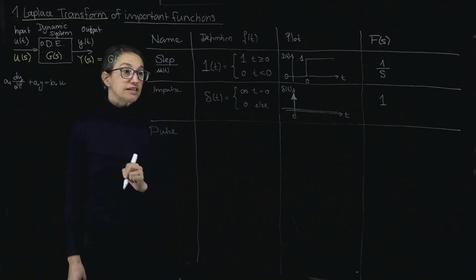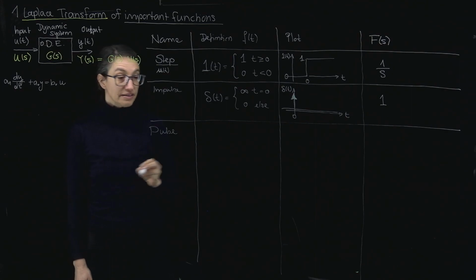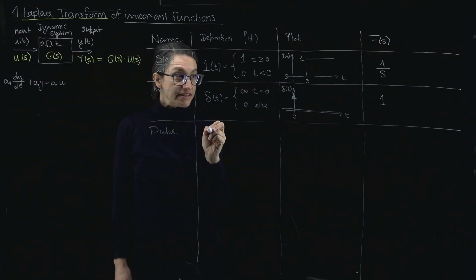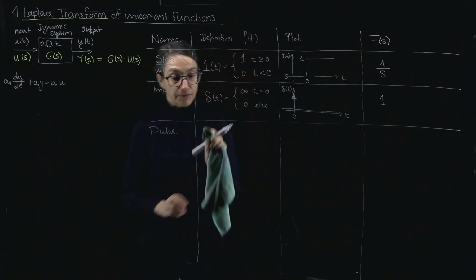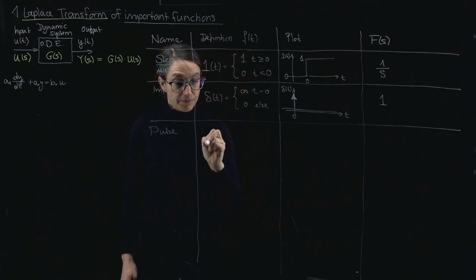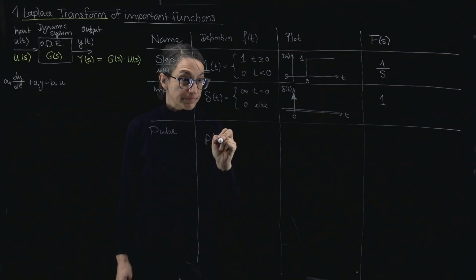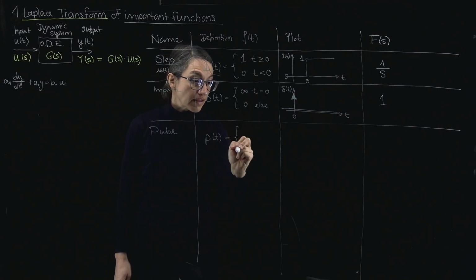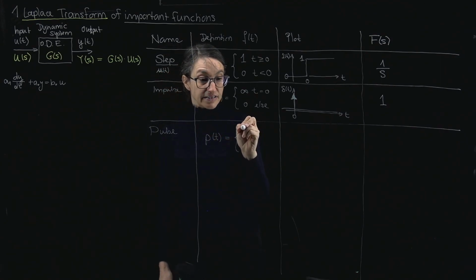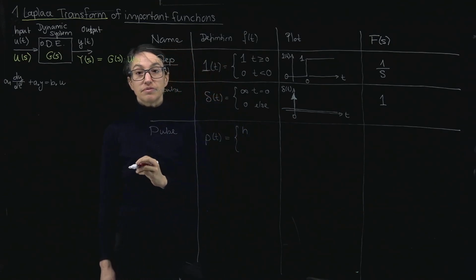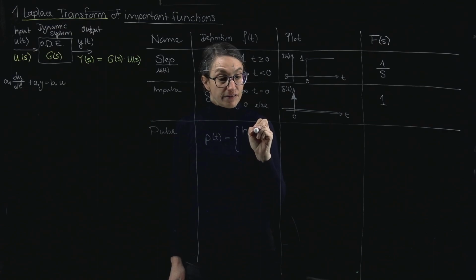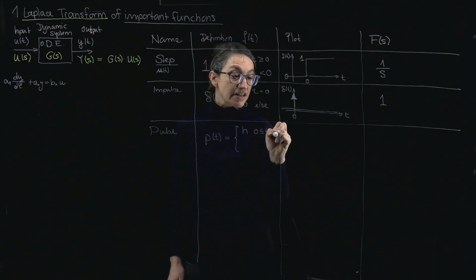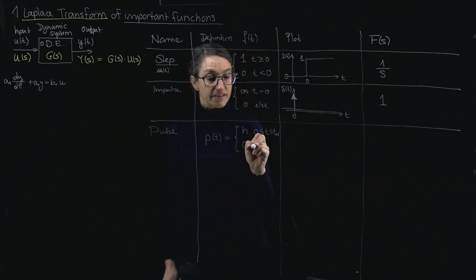We do have a pulse. That is almost like an impulse. And we define this as not delta, the delta was our impulse, let's call it P of t. And this is some certain amount h if t is between 0 and a time tw, and it's 0 elsewhere.